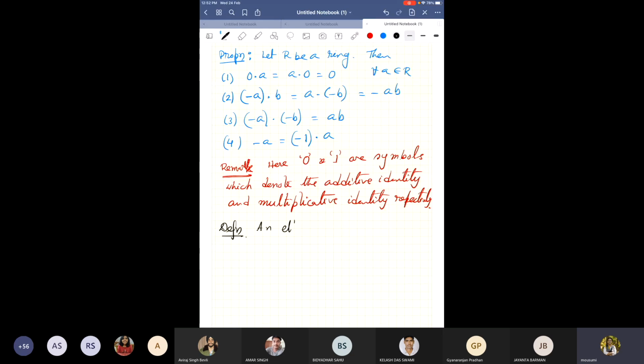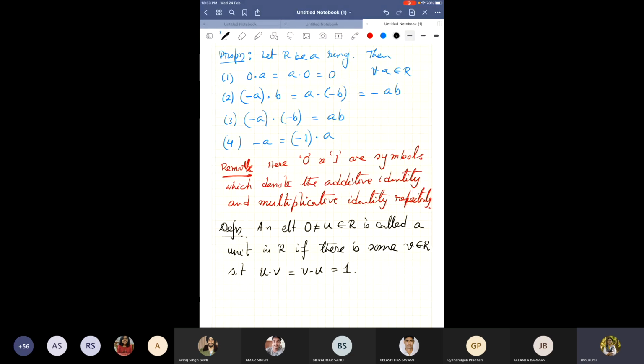An element U, which is a non-zero element of R, is called a unit in R if there is some element V in R such that U times V equals V times U equals the identity.